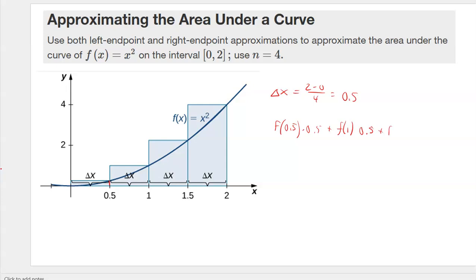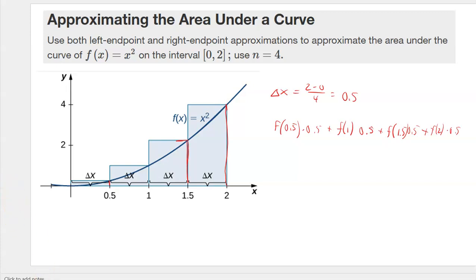The third rectangle is where you're starting at the x value of 1.5. That's this one. Times your 0.5, that width. And the last rectangle is your function evaluated at 2 times your 0.5. Now again, for each one of these, this f of 0.5 is really taking your x value and squaring it.